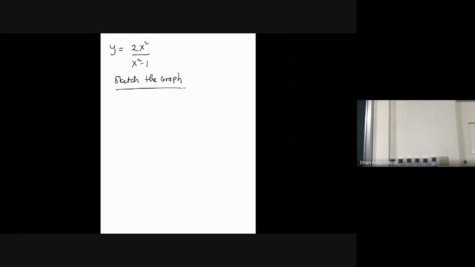I think you need to use the quotient rule, F over G. If you have difficulty to derive this, you can derive it through the quotient rule. But maybe before you derive, you can check the domain, check the asymptote, whether it has an asymptote.